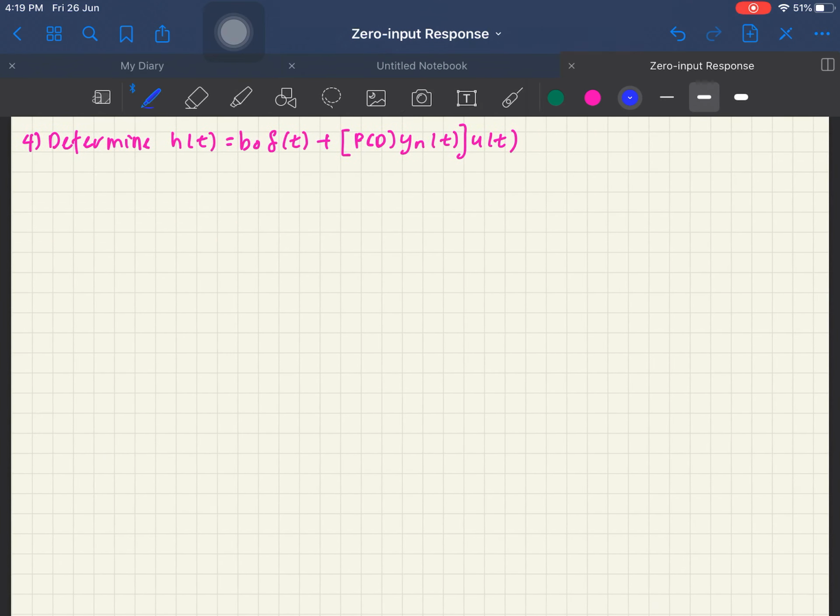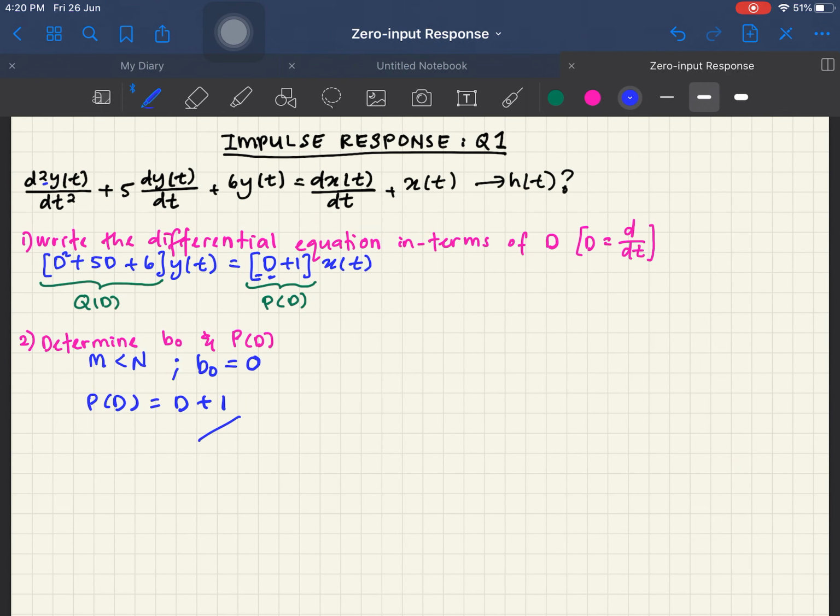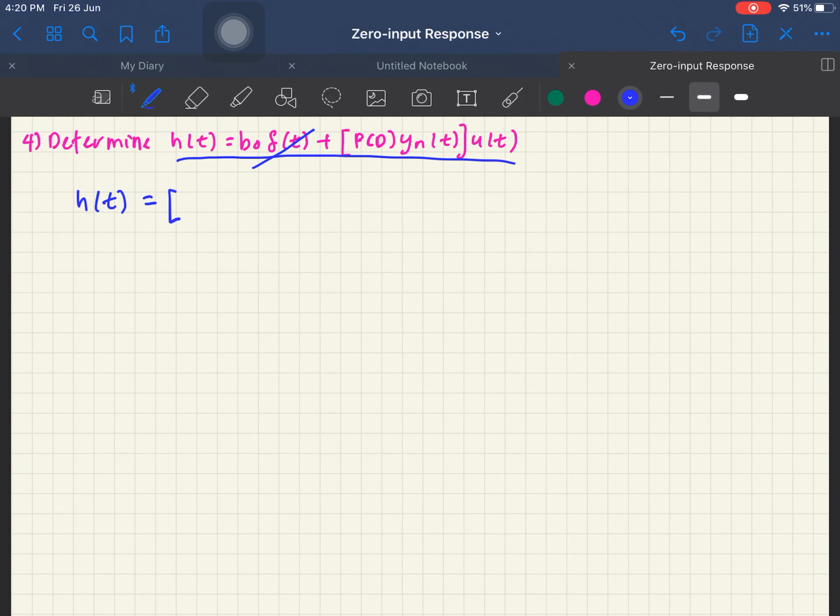Now the next step is to determine h of t using this formula. Our b0 is 0, since m is smaller than n, so this part is 0. You are left with h of t equals P(D) yn of t u of t.